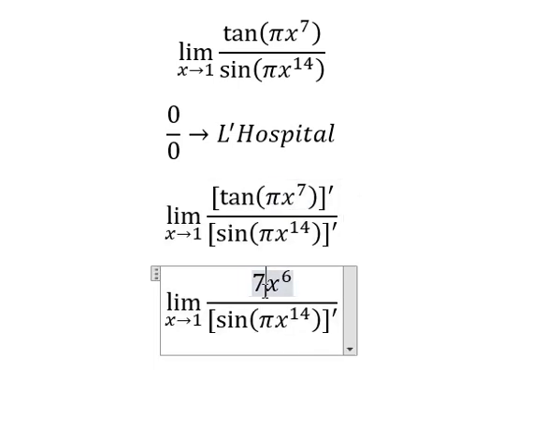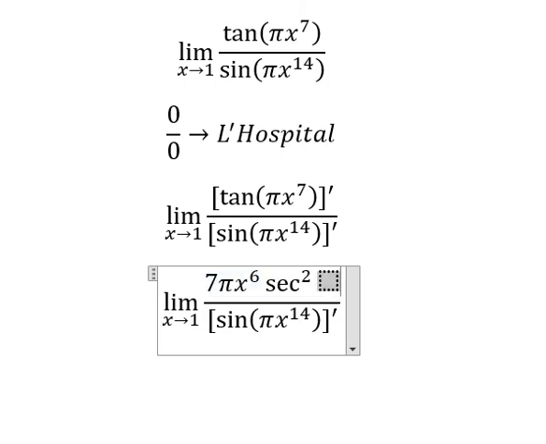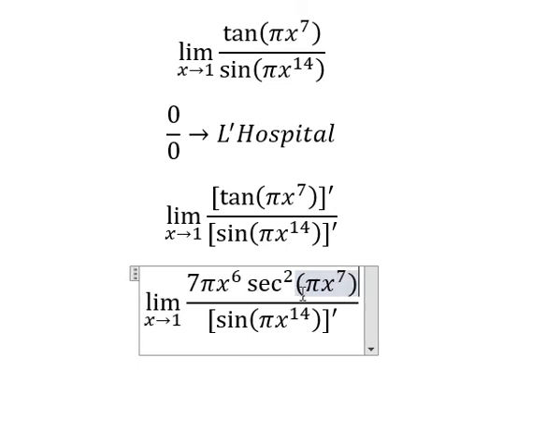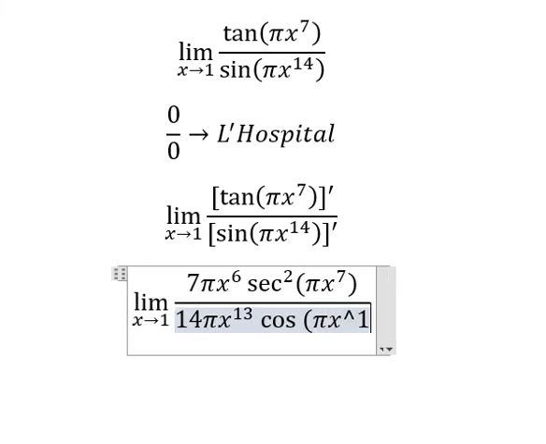We put this one in here, and later we have secant of bx to the power of 7 squared. So for this one, we will have 14x to the power of 13, and we have b in here. And then we have cosine bx to the power of 14.